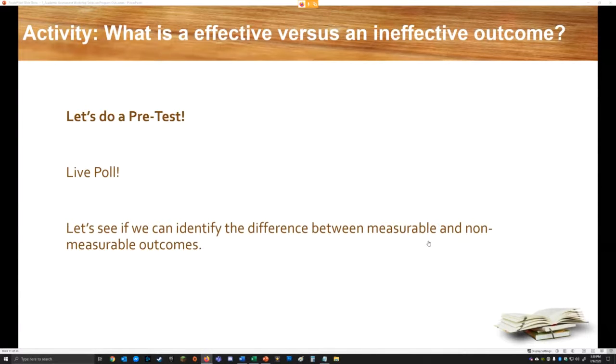Okay. So, all right, which one of these do you guys think is best?